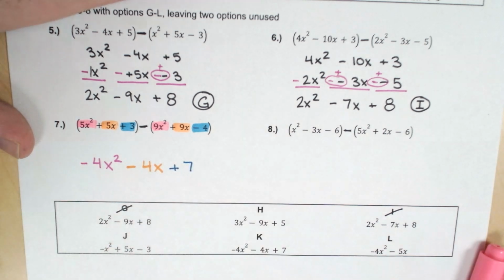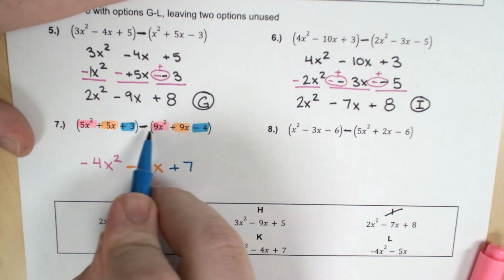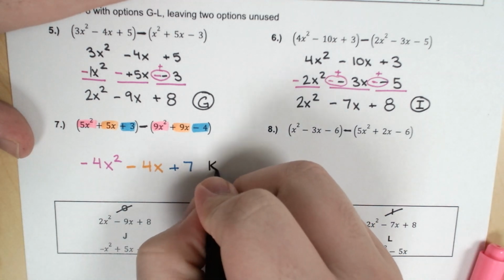So it's not as simple as just combining them. You've got to say this minus that, this minus that, this minus that. Negative 4x squared minus 4x plus 7 gives you K.